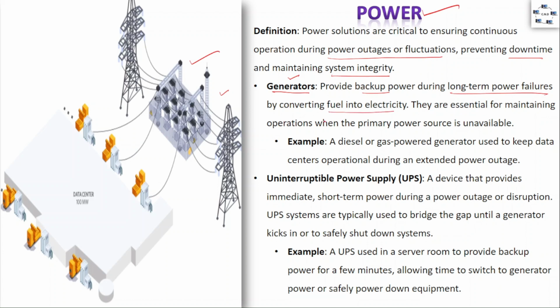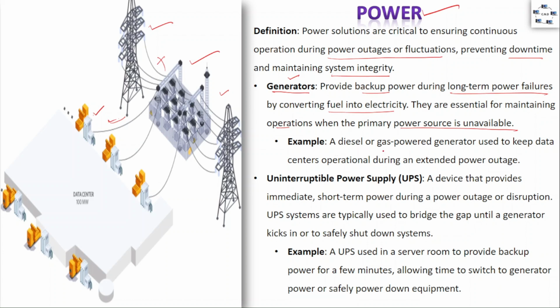They are essential for maintaining operations when the primary power source is unavailable. So this is your primary power source, but the generators are your backup power source. If the primary is not available, you will draw power from these generators.